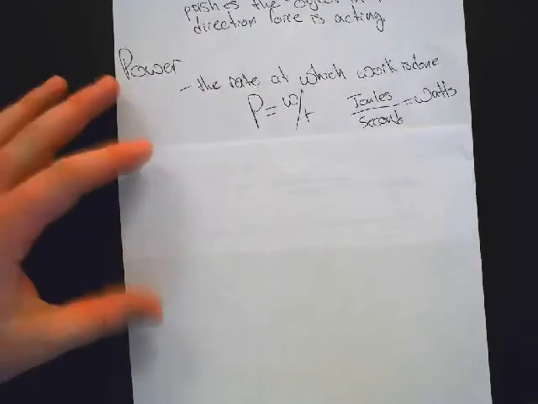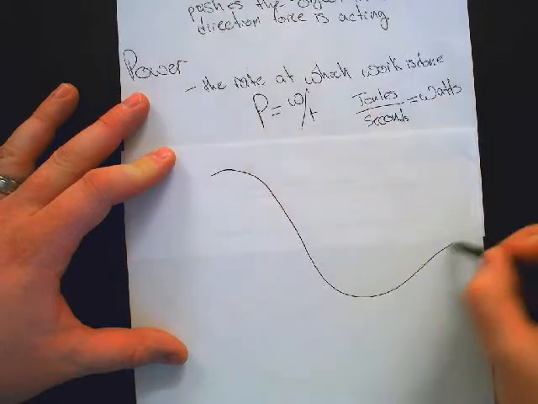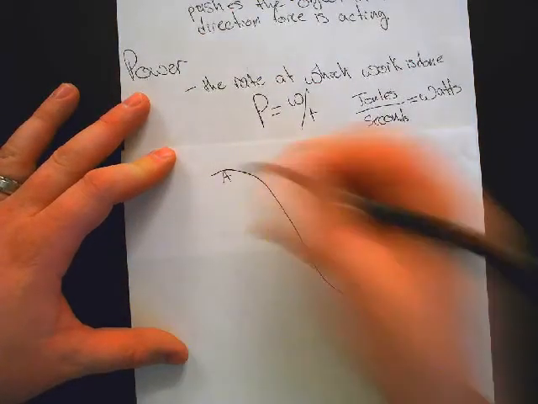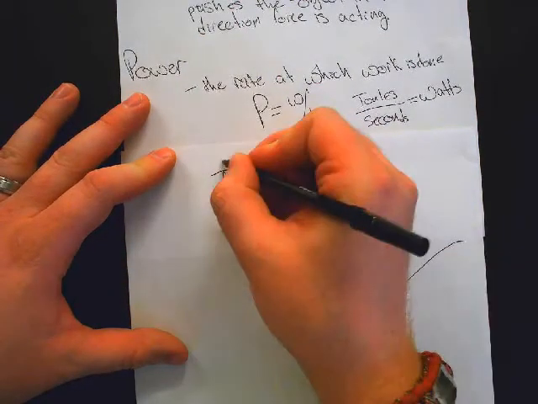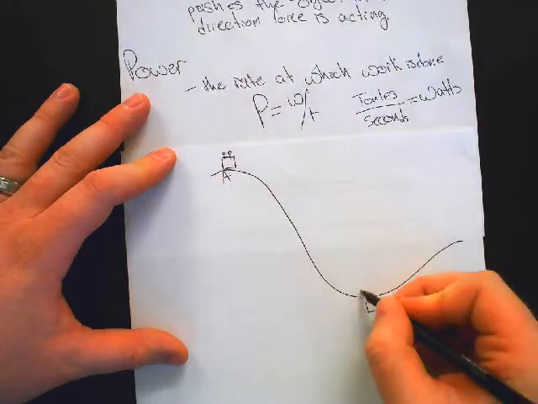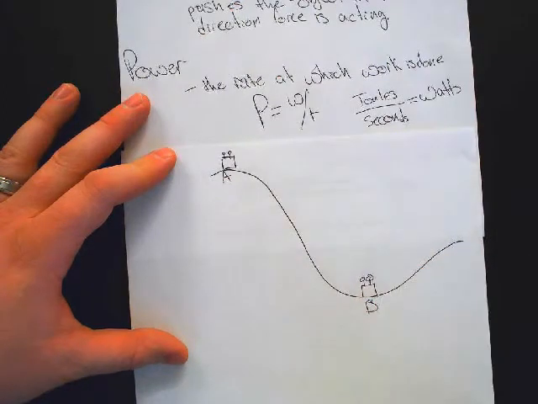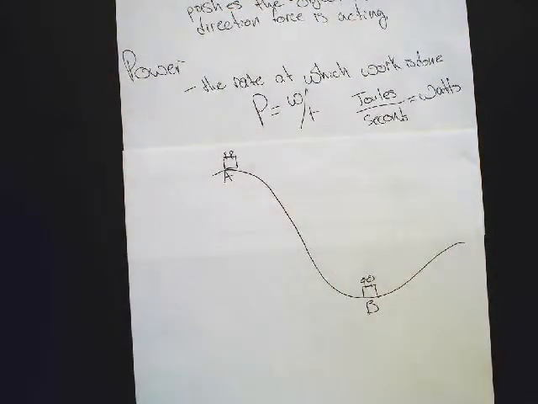All right, so I'm going to take us back to notes from Monday. All right, we had point A, we had point B, we had a roller coaster on there with a couple of people inside of it, and we've determined that it doesn't matter how big these people are because they'll be going the same speed at point B regardless, correct?